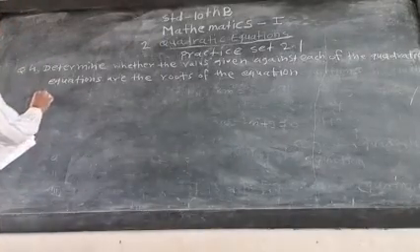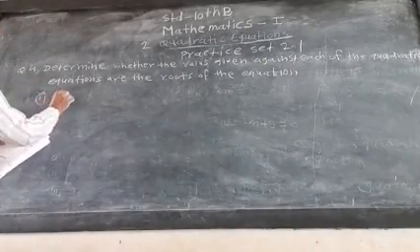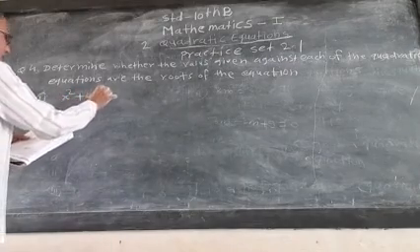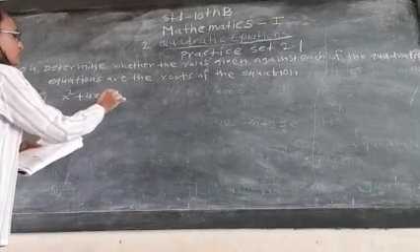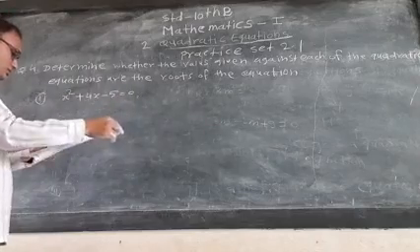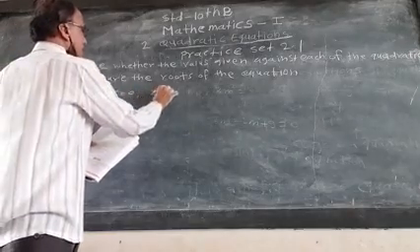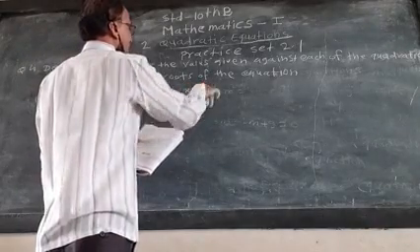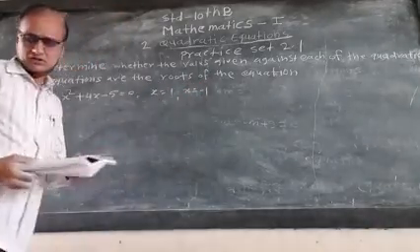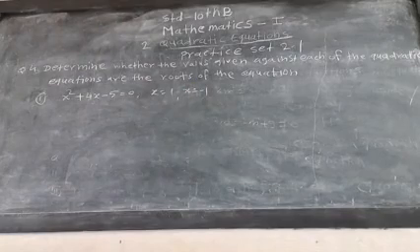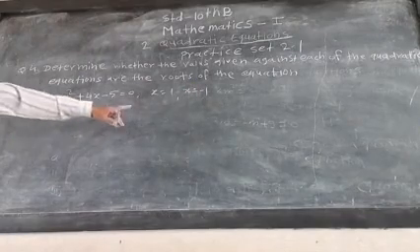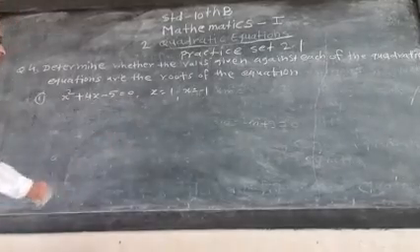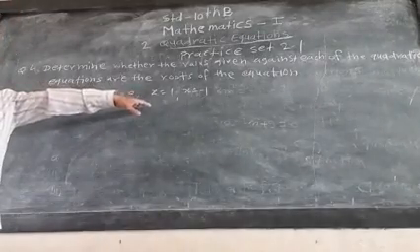Now we see the first example, x square plus 4x minus 5 equals 0. The values given are x equals 1 and x equals minus 1. Is x a root of this equation or not?